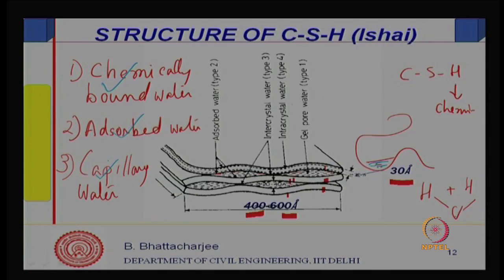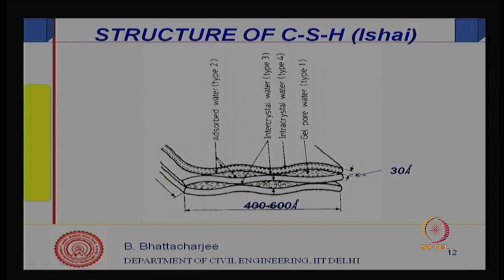All right. Now, in his model, he is talking of these sheets. Adsorbed water forms a layer of water at the surface, and the density of this water is not 1, right, it has a different density. So, the adsorbed layer will be somewhere there at the boundaries at the surface.